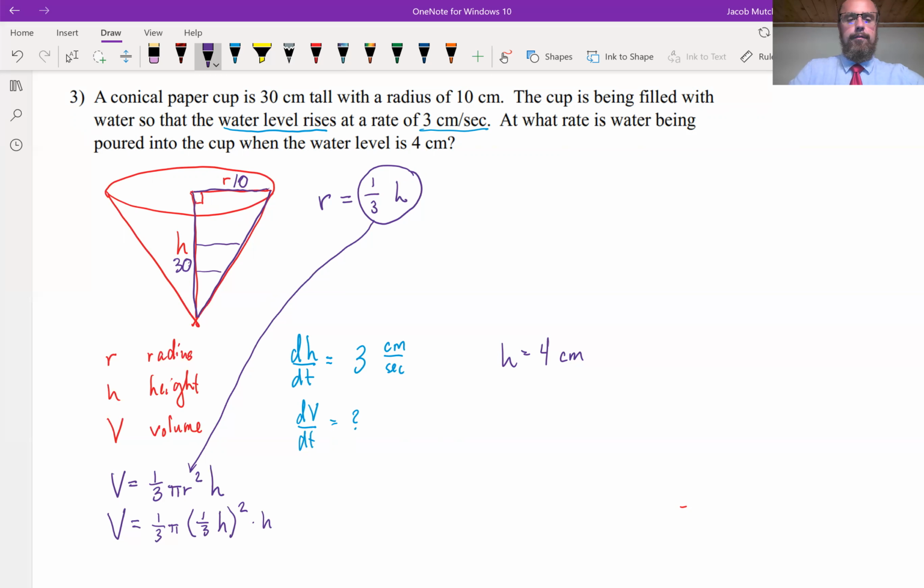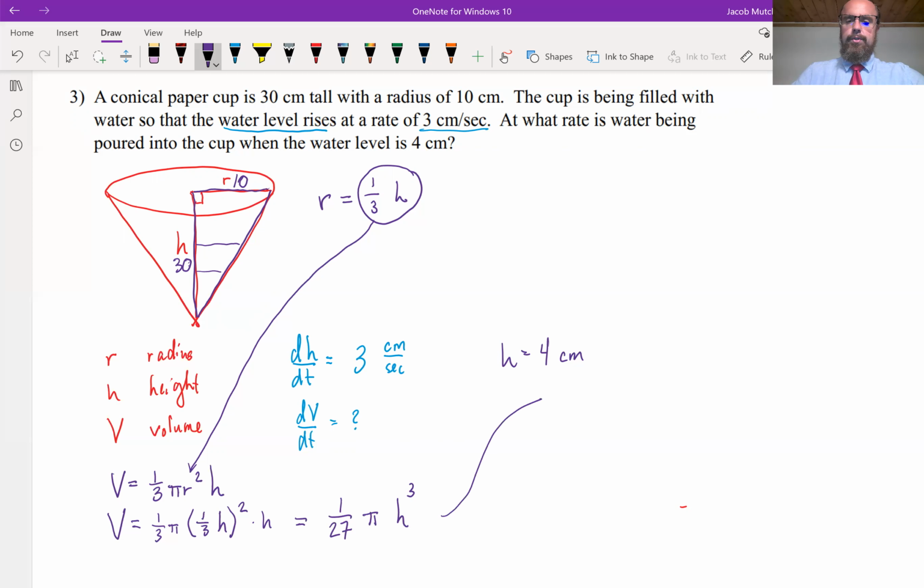And that we can even further simplify. So I see I've got a third factor on the outside on the left and a third being squared. So a third squared is 1/9, times another third on the left would be 1/27 pi. And then h squared times h would be h cubed. And that is the equation that I want to work with when I take the derivative.